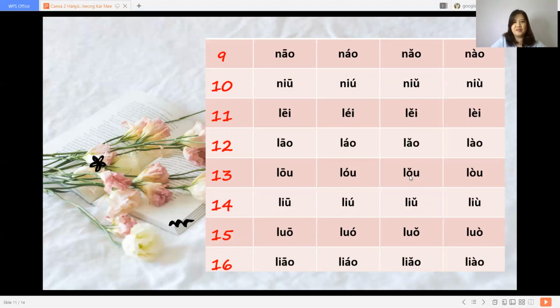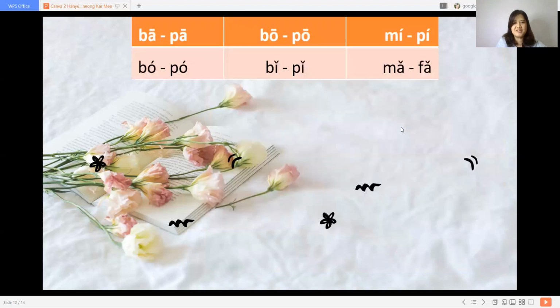Line number 15, lúa. Line number 16, liao. Yeah, these are the examples of the pronunciations.